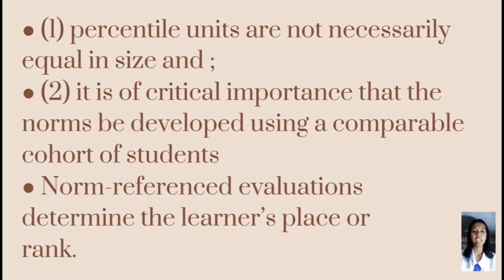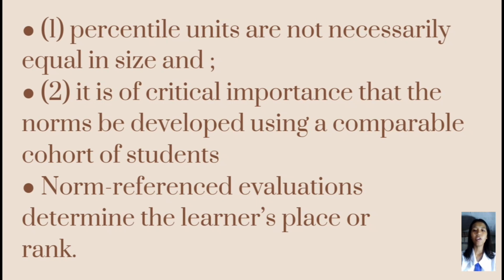Cohort means is experience man. As pointed out, norm reference evaluations determine the learner's place or rank. Assessment instruments that lend themselves to this kind of interpretation include standardized aptitude and achievement tests, teacher-made survey tests, interest inventories, and adjustment inventories.